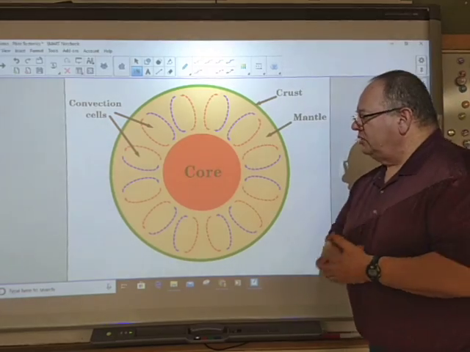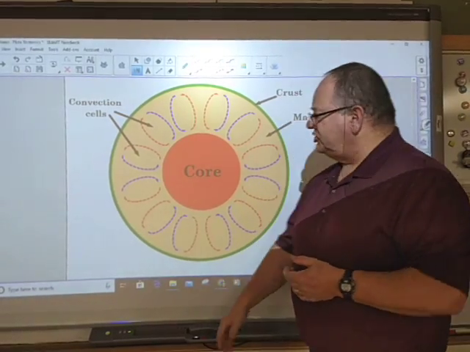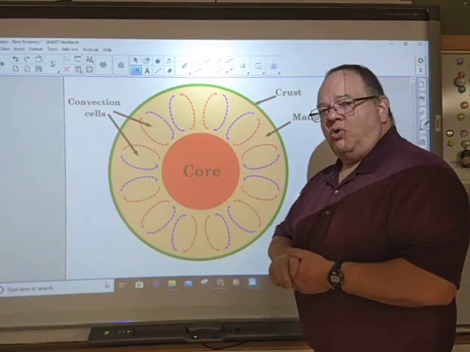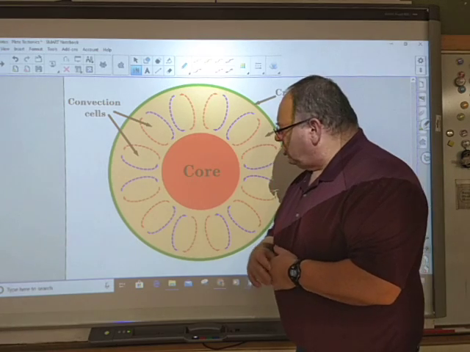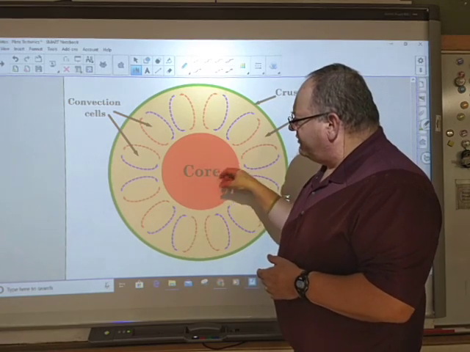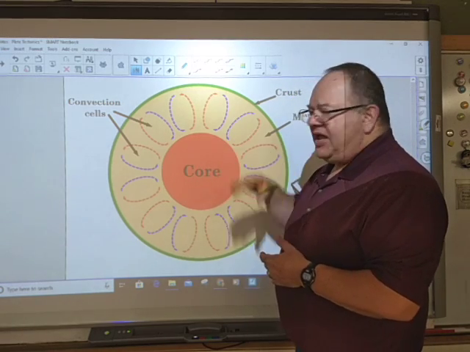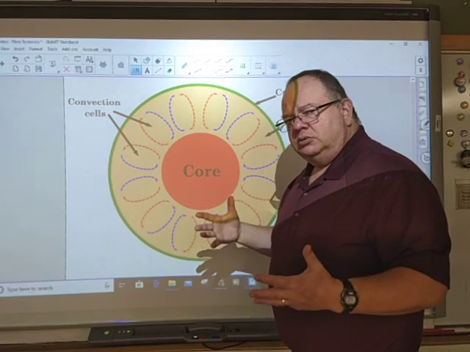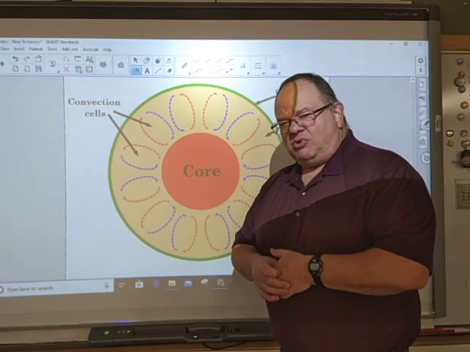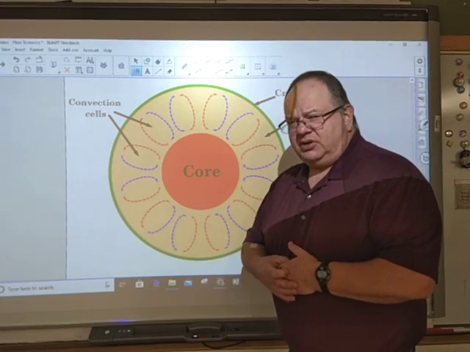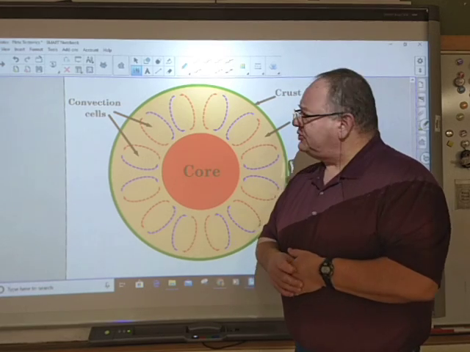Alright, so here's a slice through the Earth just showing our crust, mantle, and core. Now, the core, we've got a solid inner core, we've got a liquid outer core, and the mantle is made up of rock. But it's rock that's under really high pressure, and it's rock that's at really high temperature.